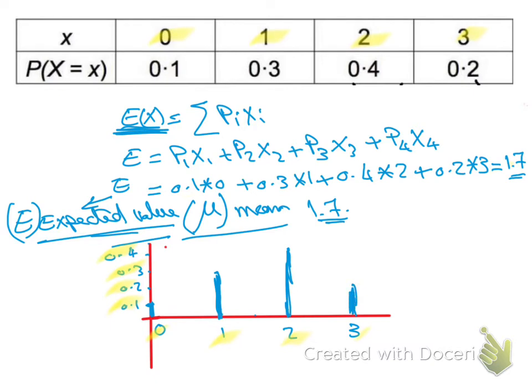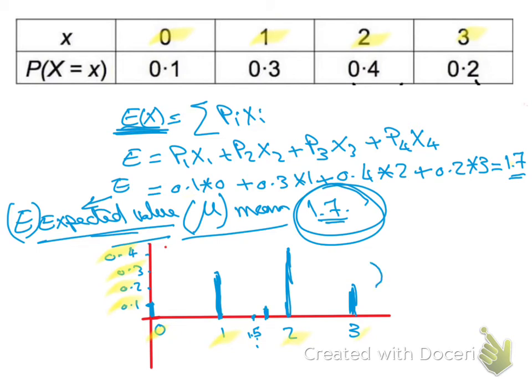We assume that the mean should come in between, at 1.5, but in reality it didn't come to 1.5. Our mean was 1.7, so it is somewhere here.